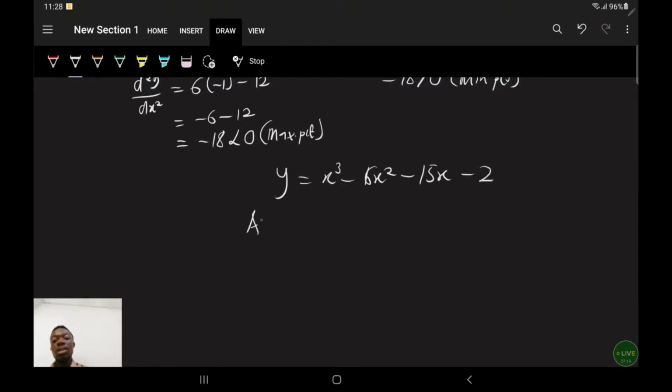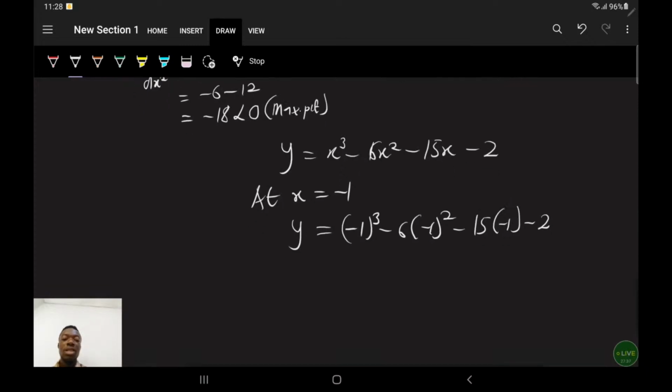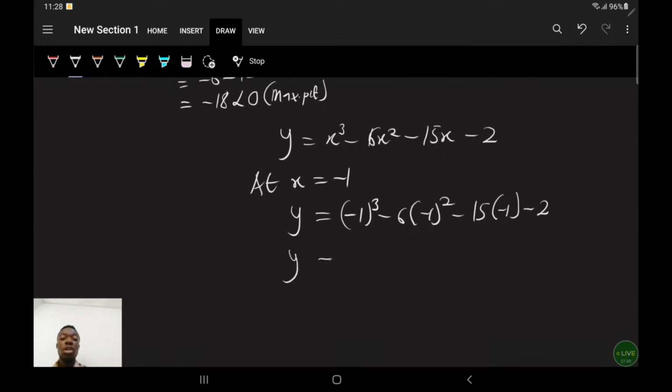So at x is equal to -1, which we established should be a maximum point, y is going to be, whenever you see x in the original equation, just substitute that value in there. So it's going to be -1 cubed minus 6 into bracket -1 squared minus 15 into bracket -1 minus 2. I believe that is clear. So at this point, if you have a calculator, just simplify straight away and you get your final answer.